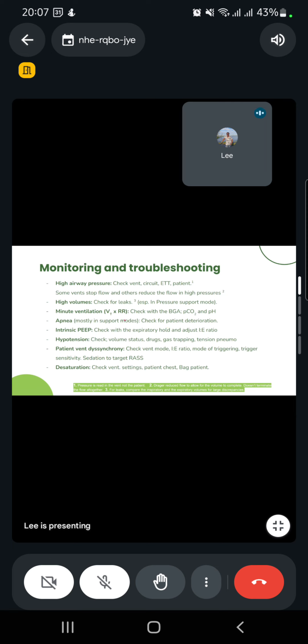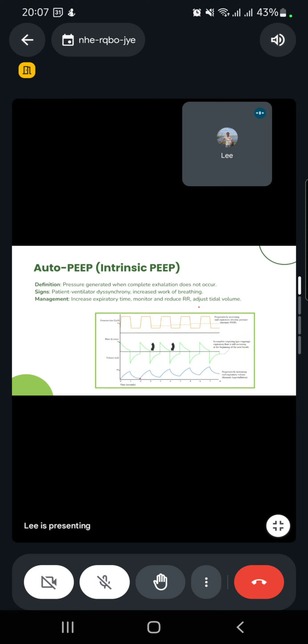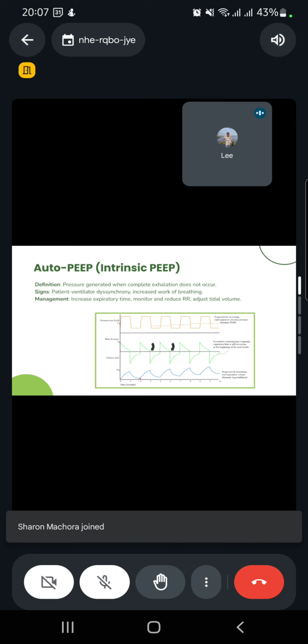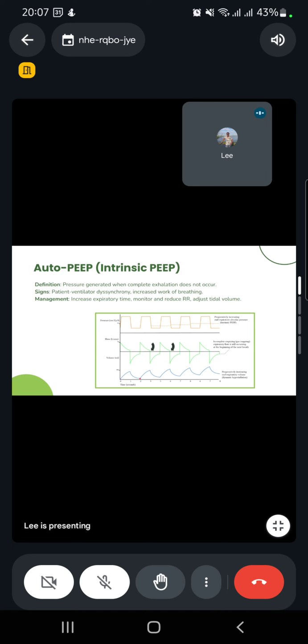Yeah, this is a bit of a heavy slide as well. So before we proceed, basically the biggest thing about obstructive airway diseases with mechanical ventilation is air trapping.